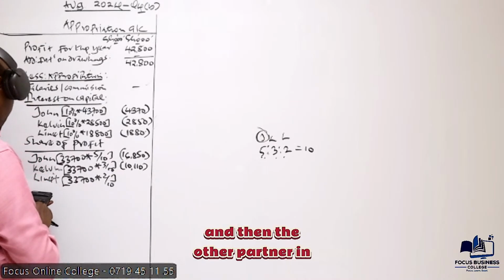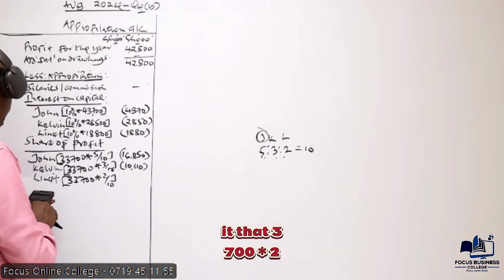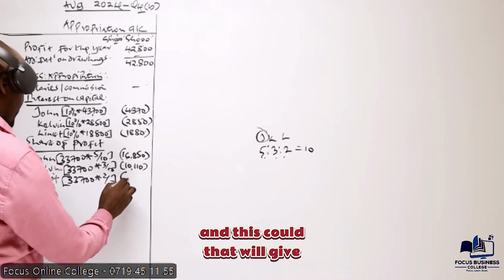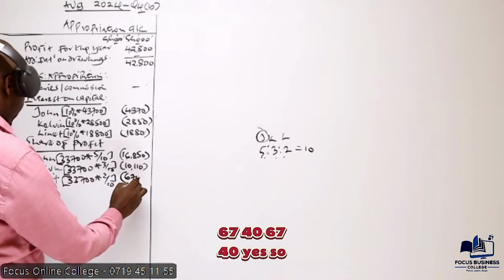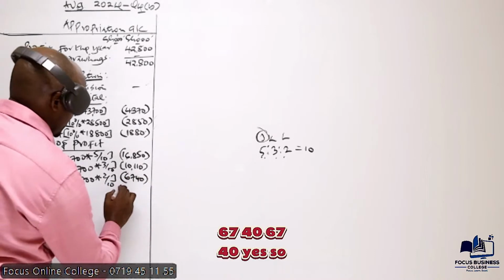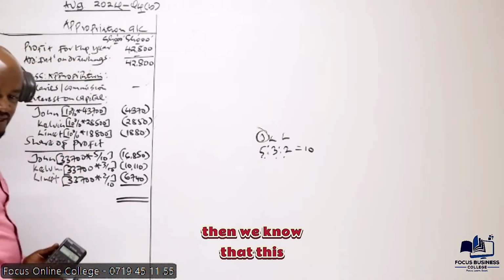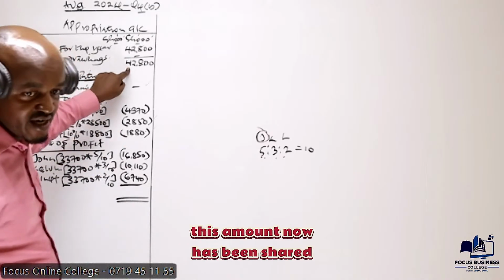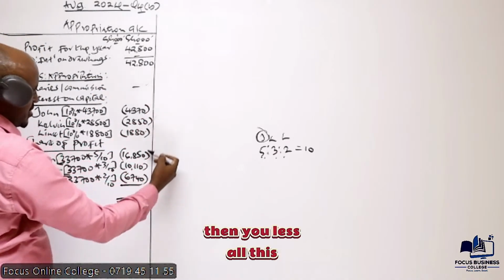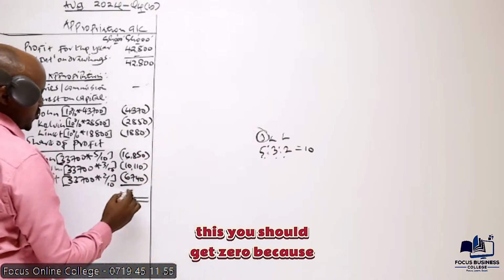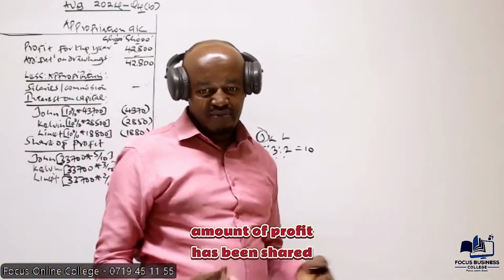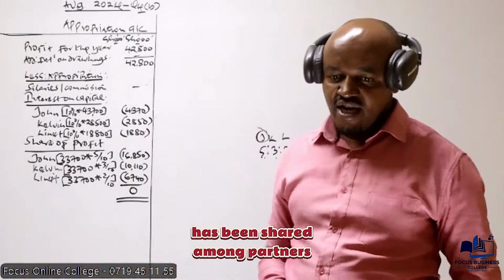And then the other partner, Lynette, that is 33,700 times 2 divided by 10, and basically that will give us 6,740. So we know that this amount has now been shared among partners. Therefore, if you take this amount and less all this, you should get 0, because that profit has been shared among partners.